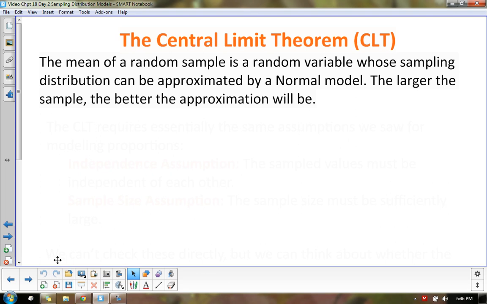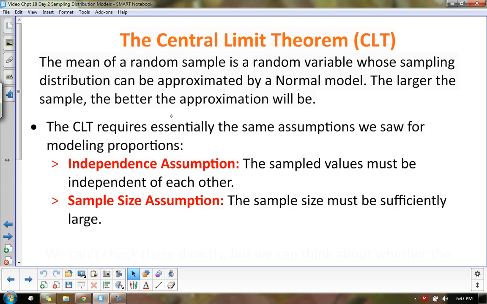Okay, one more time. The mean of a random sample that you took from a population is in itself a random variable whose sampling distribution, whose shape, can be approximated by a normal model, unimodal and symmetric. The larger the sample, the better your approximation.